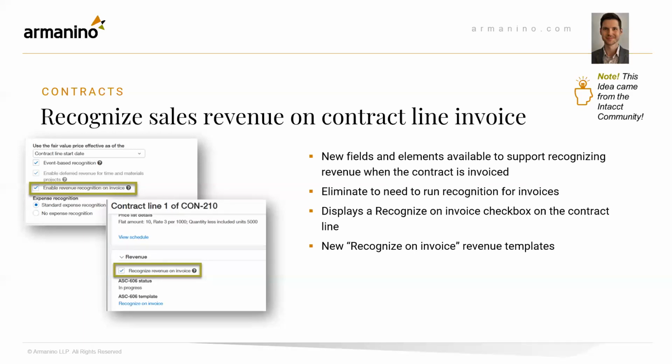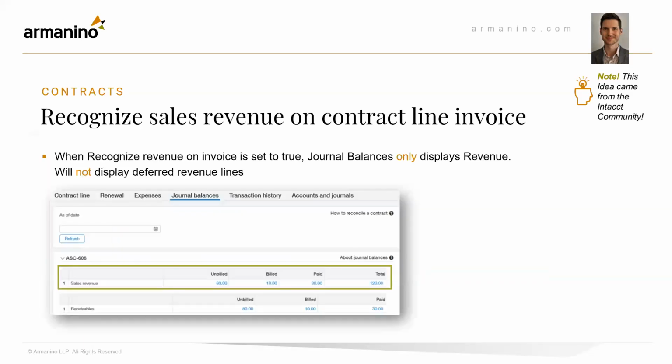If you wouldn't mind going to the next page. So when recognize revenue on invoice is set to true, journal balances also only display the revenue in the journal balances page. It will not display deferred revenue as the revenue is recognized immediately when the invoice is created. So I'm super excited about this.